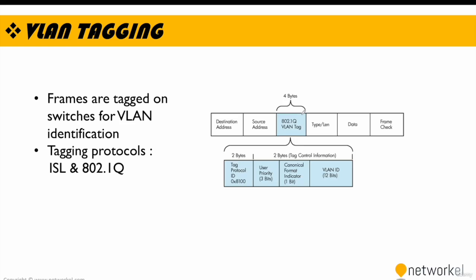ISL and 802.1Q are two types of encapsulation that are used to carry data from multiple VLANs over trunk links. ISL is a Cisco proprietary protocol for the interconnection of multiple switches and maintenance of VLAN information as traffic goes between switches. On the other hand, 802.1Q is the IEEE standard for tagging frames on a trunk.